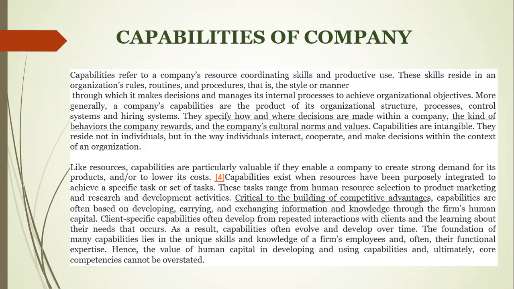Similarly we have human resources, financial resources, and machinery as a resource, and we also have intangible resources like brand loyalty, brand equity, and trademark. So in today's class, having seen the resources of an organization, we shall discuss the capabilities of the company.